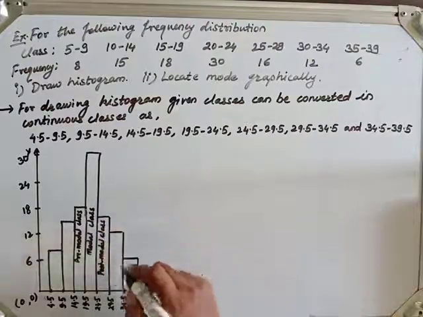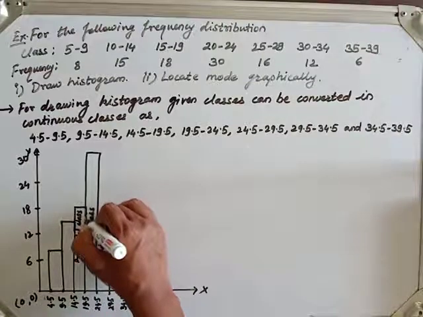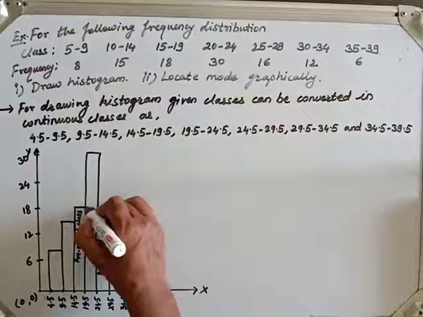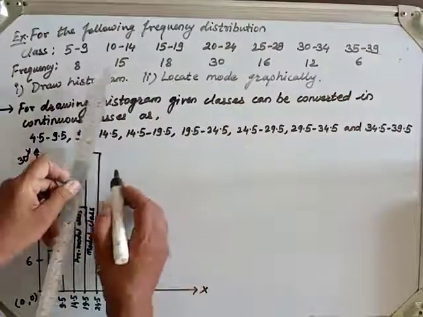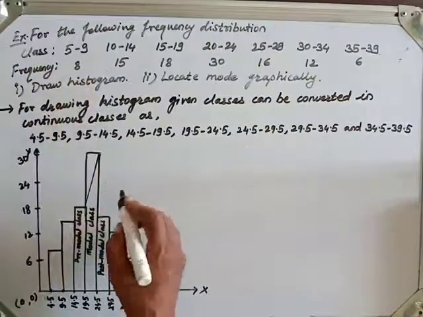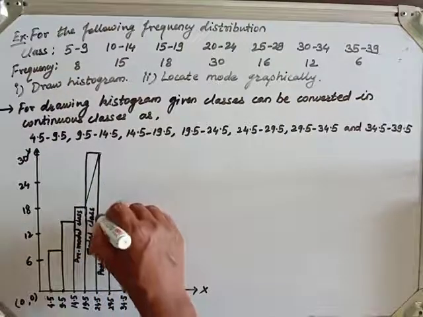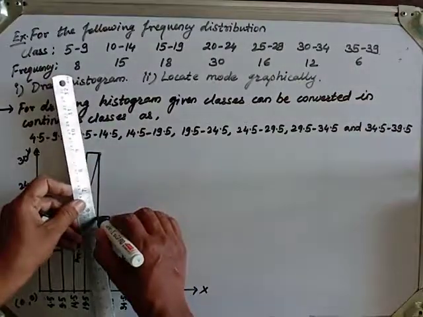Now let us join the boundaries. Look at this: the upper boundary of the pre-modal class with the upper boundary of the modal class, this one we have to join. Then the lower boundary of the post-modal class with the lower boundary of the modal class, these we have to join.